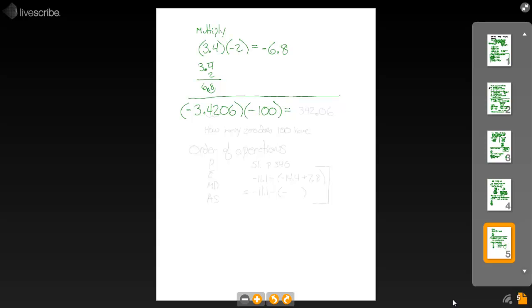This is page 347. To find the product of a decimal in 10, 100, 1,000, and so forth, move the decimal point to the right the same number of places as the number of zeros in the power of 10. I don't like that explanation, but I'm going to put it in my own words. How many zeros does 100 have?